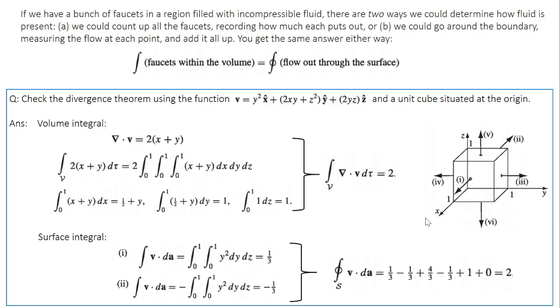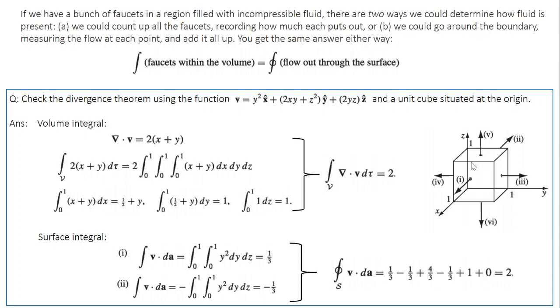Now what is the actual meaning of the Gauss theorem? You can assume a scenario. You have a volume filled with some incompressible fluid, and you want to calculate the total amount of fluid present. There are two ways you can do this.